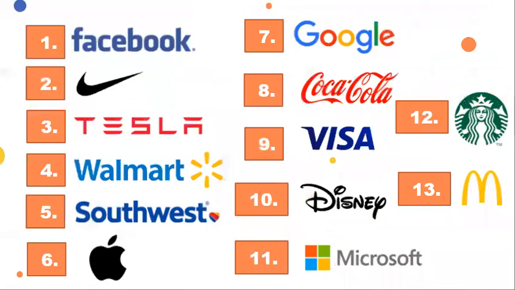In-arrange ko sila by numbers. So, nag-assign ako ng numbers for each company. Then, magbibigay ako ng statement. Example, ang first na binigay kong statement is for the mission ng Starbucks. So, 12. So, ang isusulat nyo is 12.